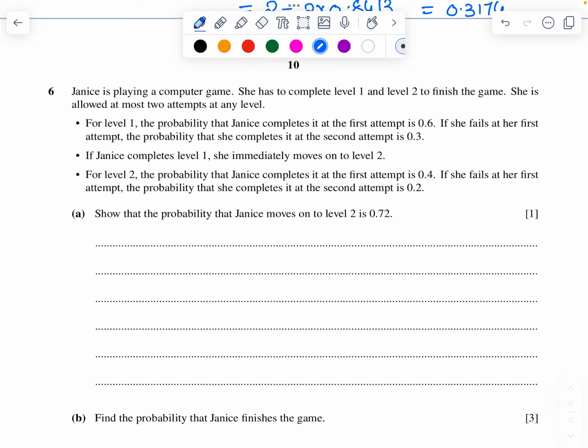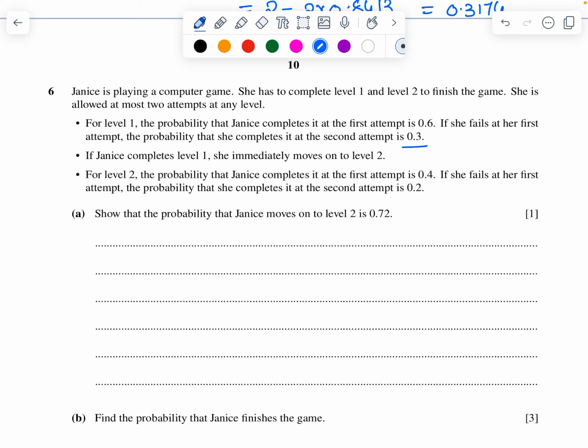Question number 6. Janice is playing a computer game. She has to complete level 1 and level 2 to finish the game. She is allowed at most 2 attempts at any level. For level 1, the probability that Janice completes it at first attempt is 0.6. If she fails at the first attempt, the probability that she completes the second attempt is 0.3.